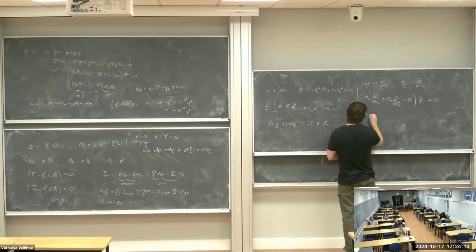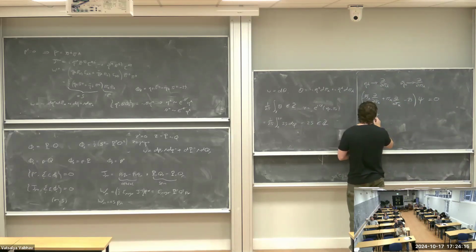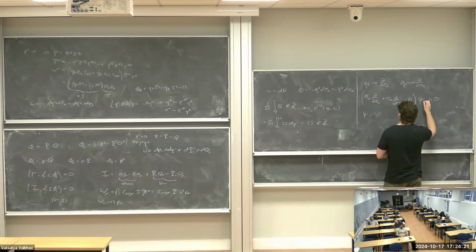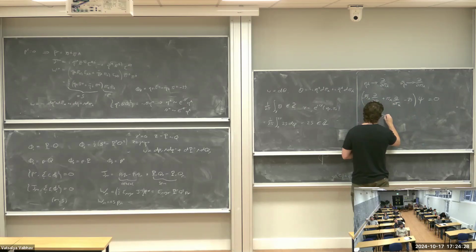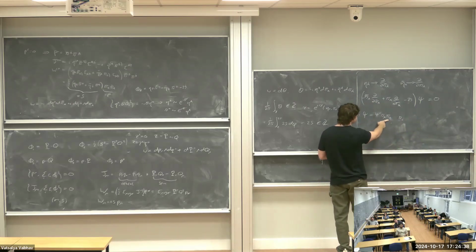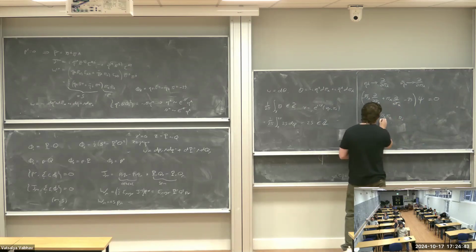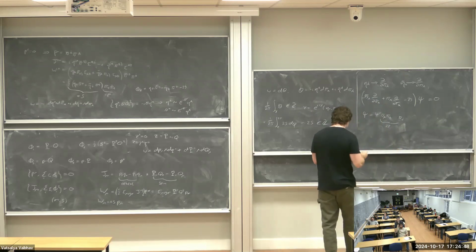This tells me that psi must look like some function times some polynomial. You must have 2s of these pi's. This will then satisfy this constraint. And there are 2s of these. This is why I knew that 2s was an integer.